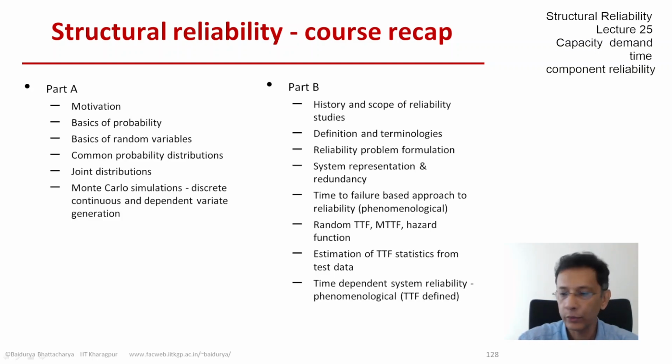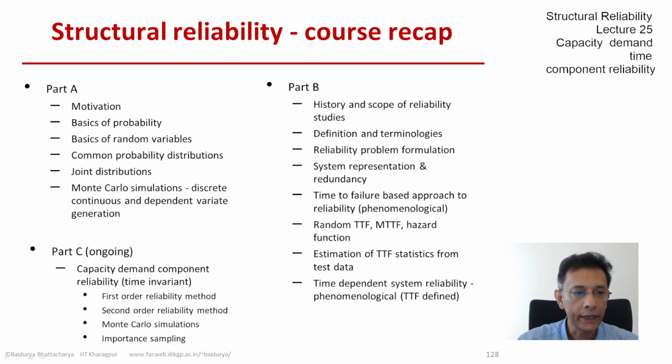In part C, which is now ongoing, we started looking at the physics-based approach and the capacity, demand, time. We set aside time for the time being, and we looked at just capacity, demand, component reliability, time invariant.